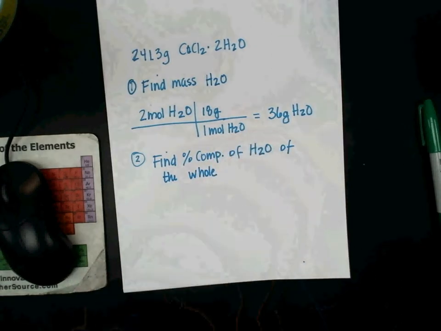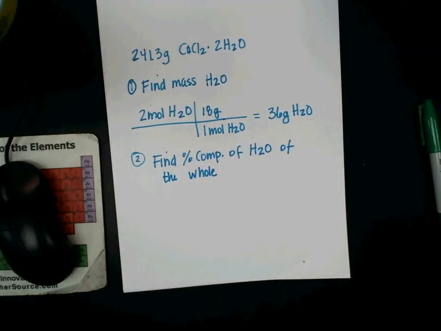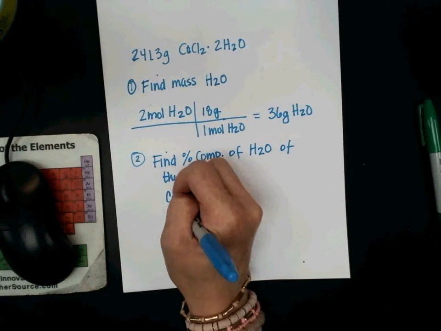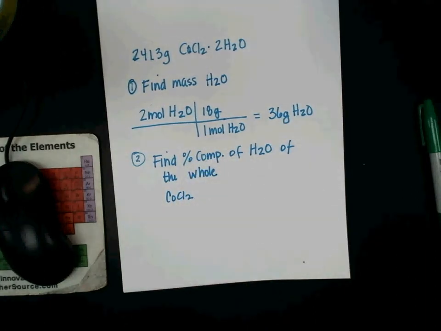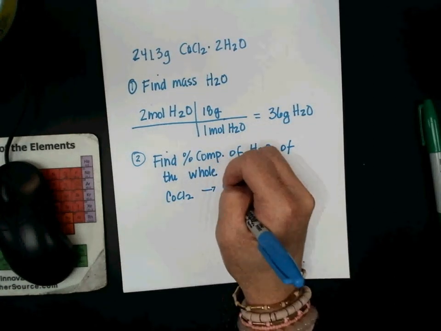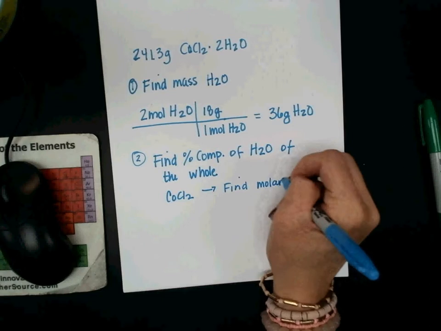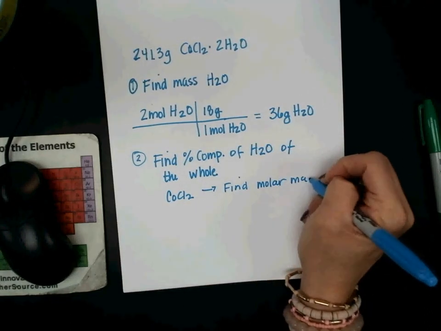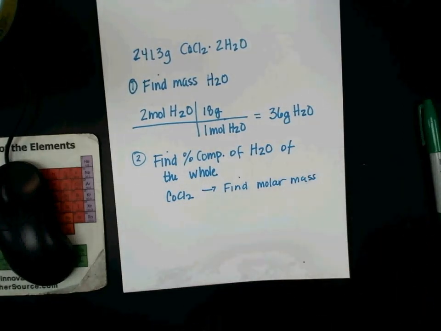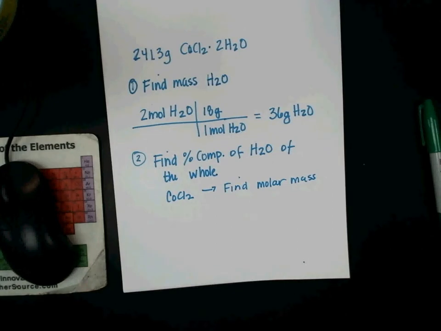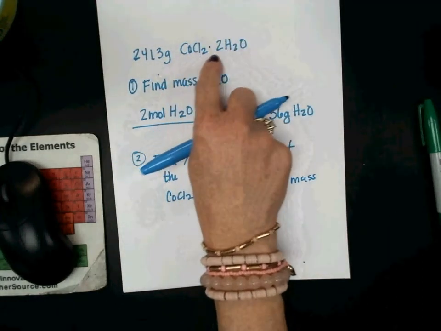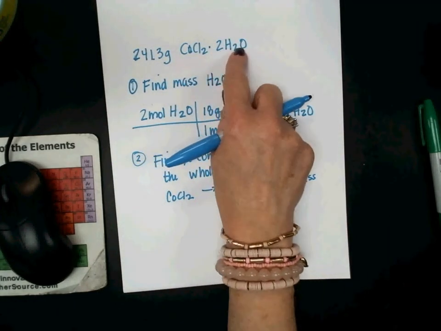So I have to look at the parts in the formula. And the first part is CoCl2, so I need to find its molar mass. Because I have to know, like, this is all together. It's all one compound. So now I know what part of it is the water.